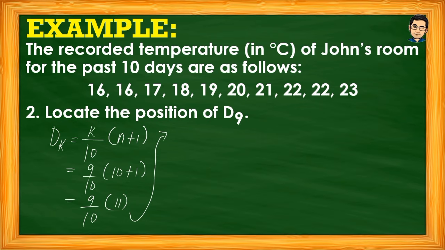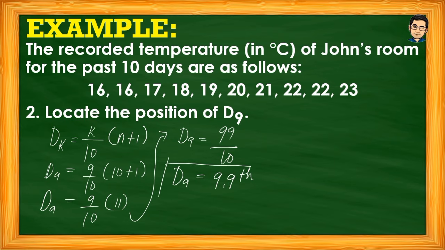Next, 9 times 11 is 99. Di-divide natin ngayon yung 99 sa 10. And that is 9.9. So, yung exact position ng D sub 9 is 9.9. Nasa pagitan po yan ng 9th and 10th data.